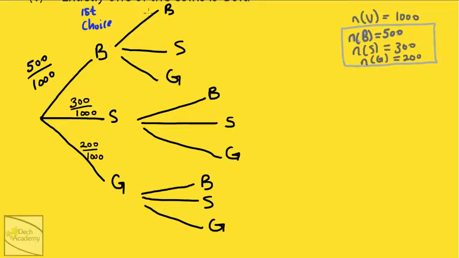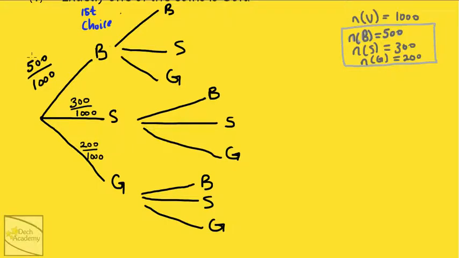Now we'll move on to the second choice. So probability here is the probability of picking a bronze coin, given that a bronze coin has already been chosen. And that simply is what? Since a bronze coin has been chosen, the choice was out of 500 bronze coins initially.